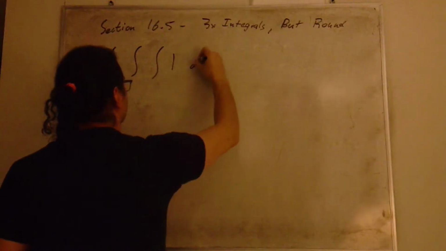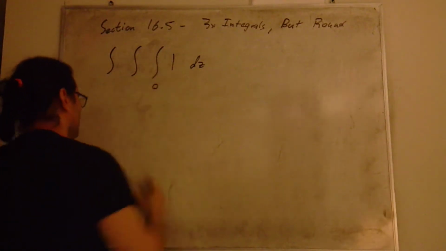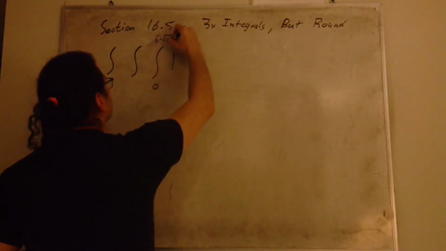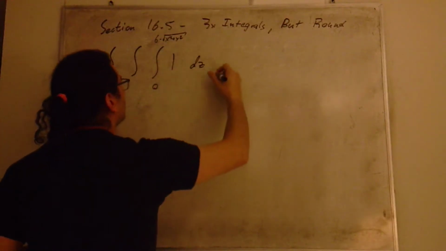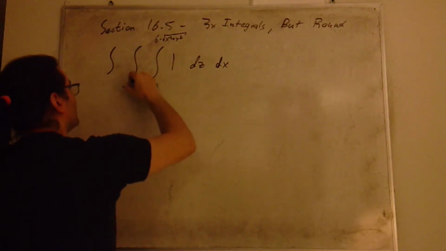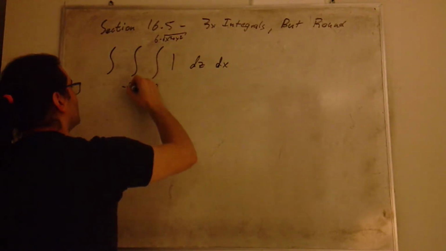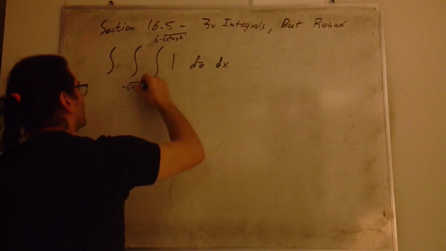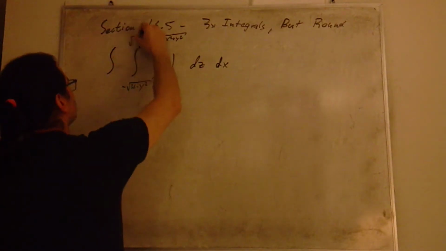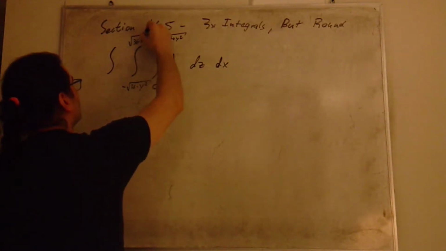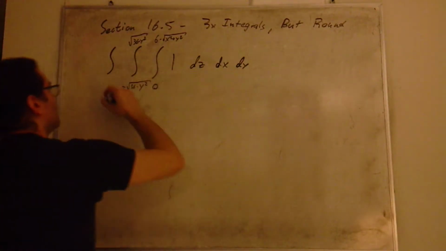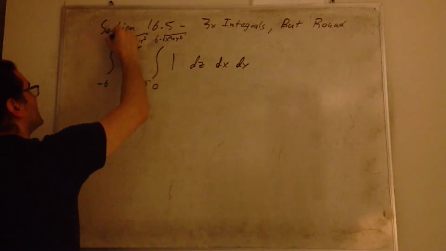So I want z to go from 0 to 6 minus the square root of x squared plus y squared. I want x to go from negative square root 36 minus y squared to positive square root 36 minus y squared. And I want y to go from negative 6 to 6.